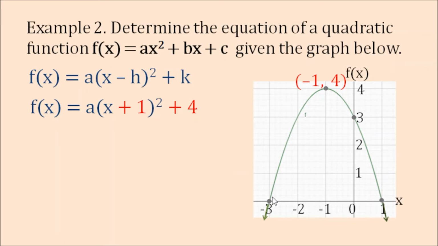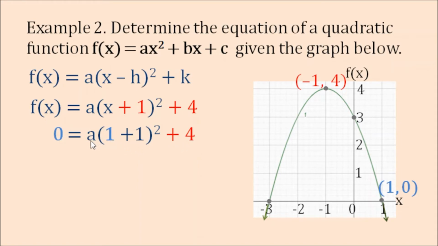Now, using any of these points here, this time we are going to use this one, this point, 1, 0. So this 1 is the value of x, and this 0 is the value of f of x. So we have 0 equals a times the quantity 1 plus 1 squared plus 4.